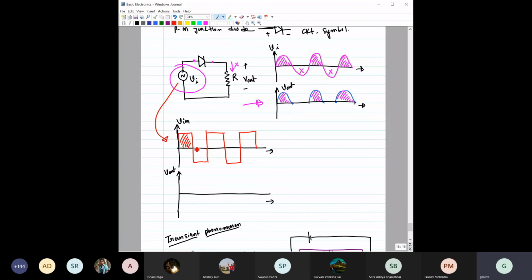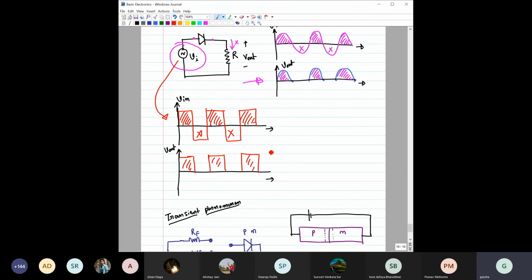Only in this direction can current flow, causing a drop across this V out. Here no conduction, here again conduction, here again no conduction, here again conduction. So it is expected to be like this. It is pretty straightforward.